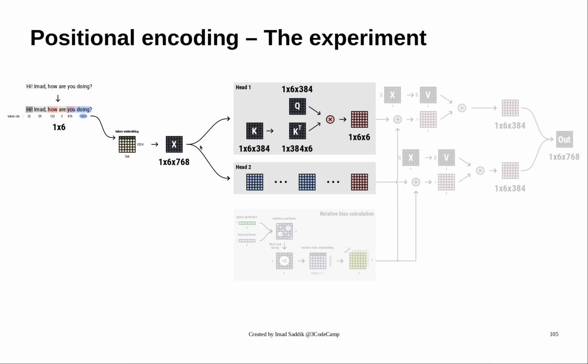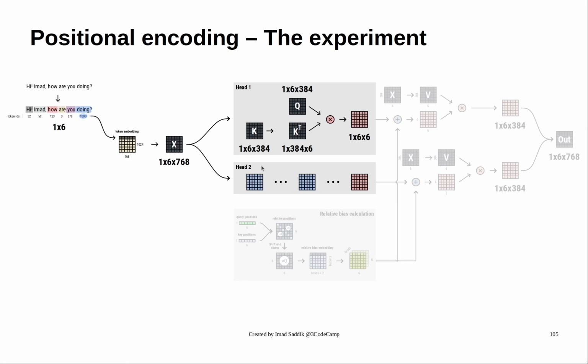When we take this input tensor and feed it to the head, we are going to create 2 tensors of the same size. So we have the key tensors and the query tensors. Here I said that we will create tensors of the same size, but you can see that the shape is not the same as the input. Here we have 1 by 6 by 384. 384 is just this value divided by the number of heads.